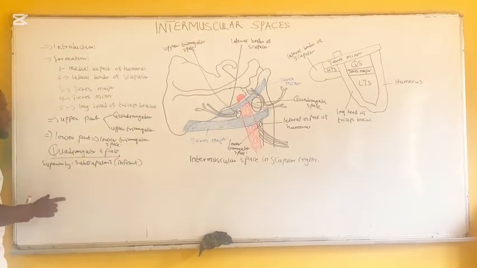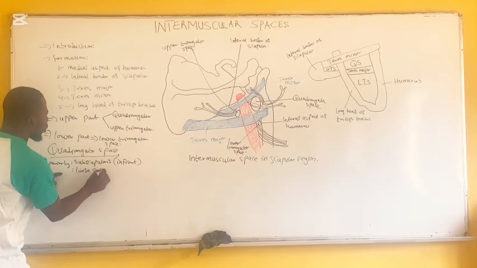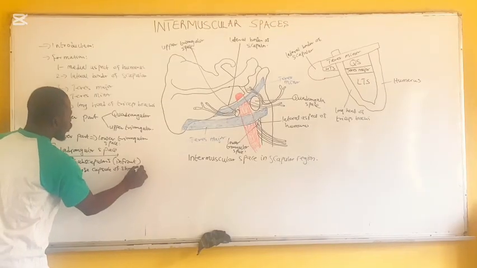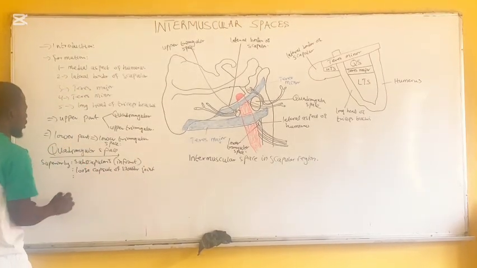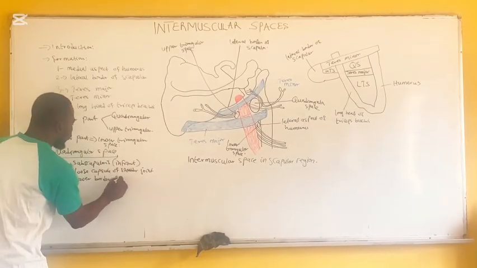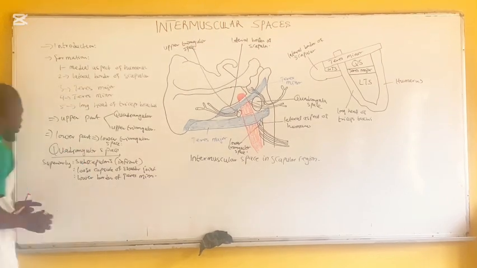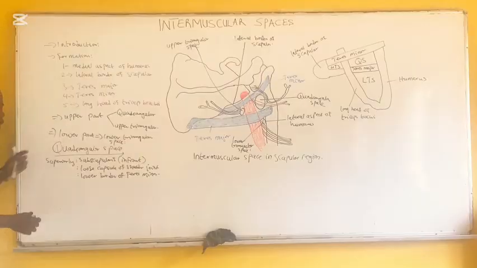Two, loose capsule of the shoulder joint, and the lower border of teres minor. These are the structures that bound the quadrangular space superiorly.